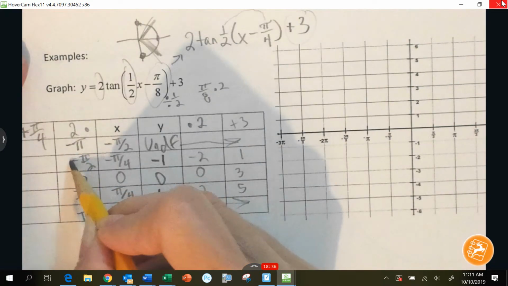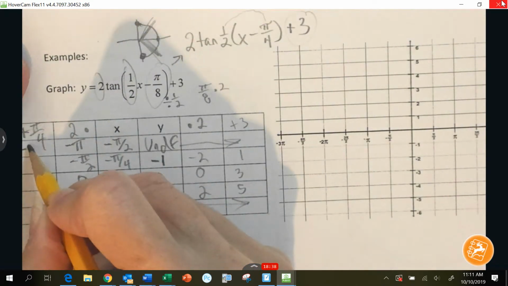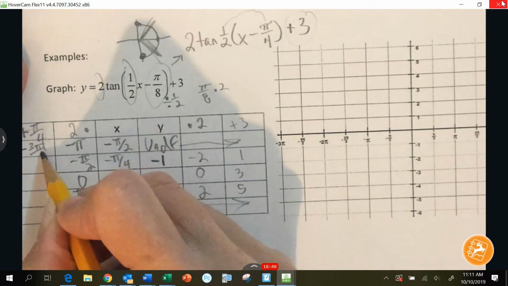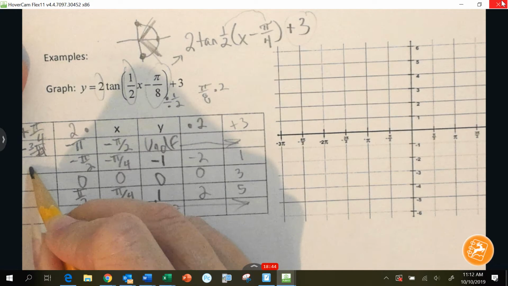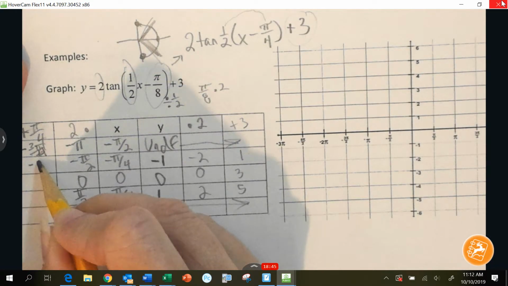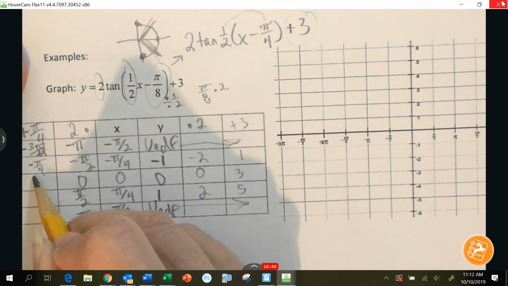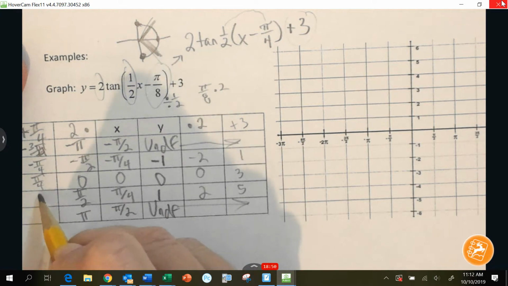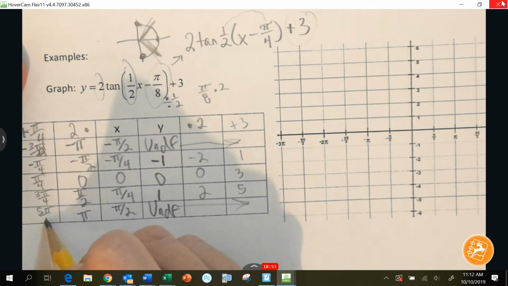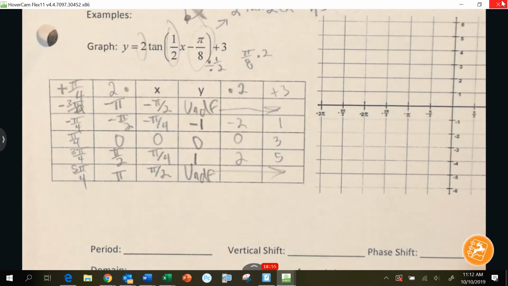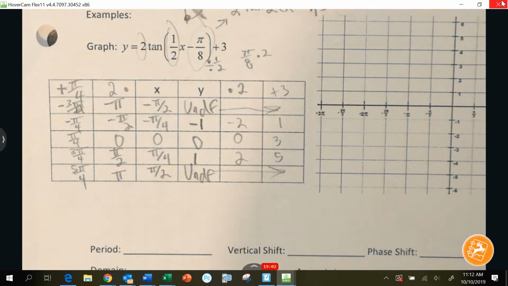And then I'm just doing my math really fast. You guys can do your math by yourself when you do your assignment. So I got, for my x's, negative 3 pi over 4, negative pi over 4, 3 pi over 4, 5 pi over 4.